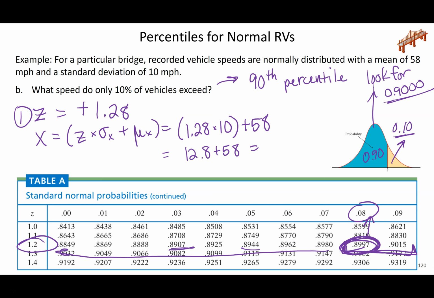This is more doable. I believe it's 70.8 miles per hour. So what this means is for a vehicle going 70.8 miles per hour on this bridge, only 10% of cars are going faster than that speed. It also implies 90% of cars are going slower than it.